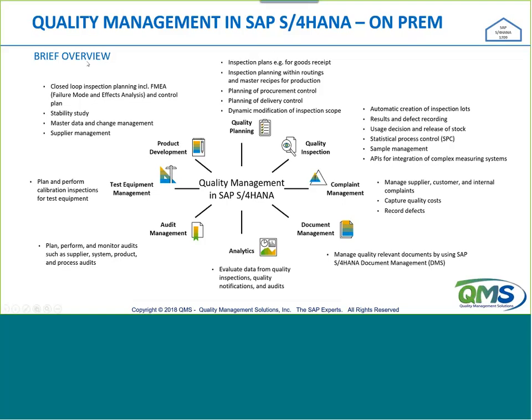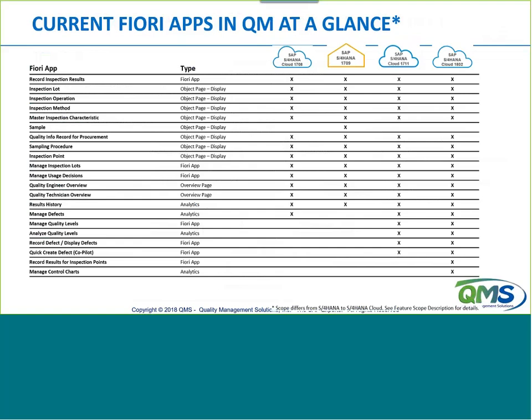But what you'll find is that as you look at what's available from a Fiori app perspective, there are some things available now in the cloud, some things available on-premise, and some things coming in the future. Okay? So if you were to look at these releases, you can look down the check marks here and see what's available in version 1709 as an example.